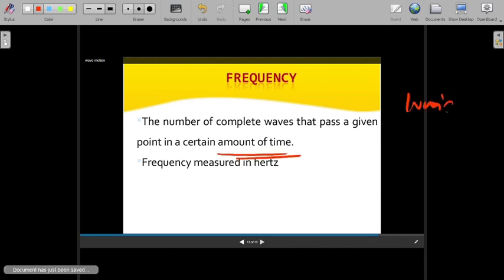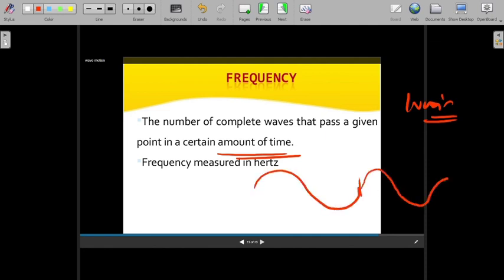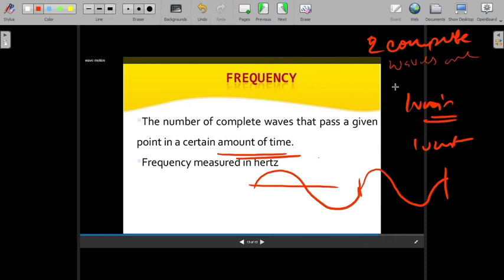This is a complete wave, and from here again a complete wave starts. So in unit time there are two complete waves happening.